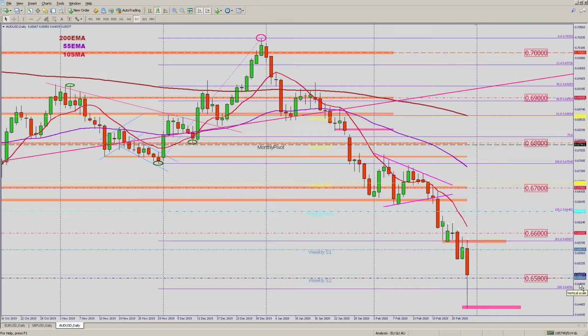But next week there is a lot of news every day for the Australian economy, with the Chinese manufacturing PMIs on Monday, which will affect the Australian economy as well. Then a key RBA rate announcement on Tuesday, followed by GDP on Wednesday, and the Australian trade balance on Thursday, and then on Friday there's retail sales.